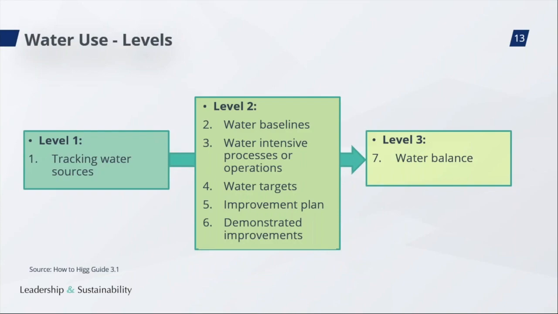And remember, the score allocation is as follows. At level 1, you have 25 scores. At level 2, 50. And at level 3, another 25. So in total, 100. But now let's go to the detailed questions.